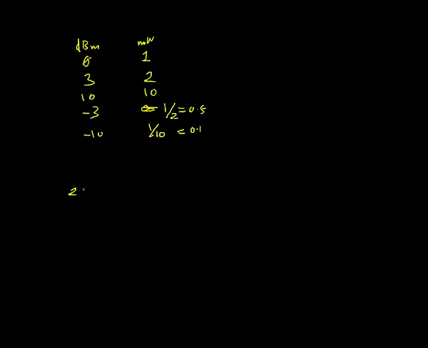Now let's say we are given 26 dBm. So 26 dBm is equal to how many milliwatt? The easiest way to do the calculation: I know 26 dBm is a combination of the dB values from here.